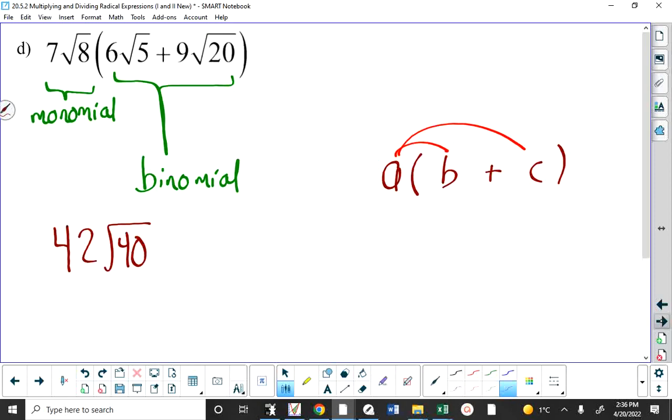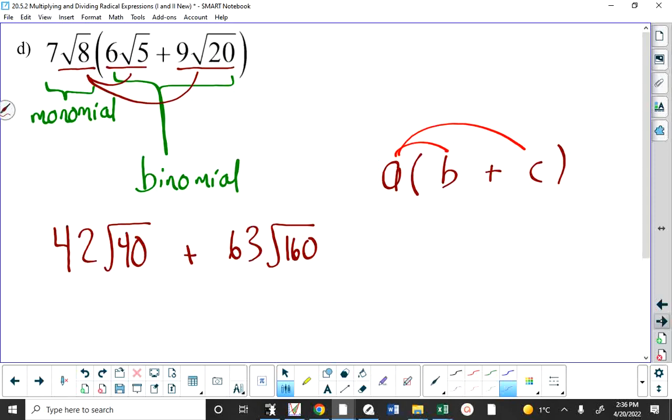The root 40 is root 8 times root 5. And then I'm going to multiply the 7 root 8. So I've done this. Now I need to do this. 7 root 8 times 9 root 20 is 63 root 160. Is my multiplication correct?